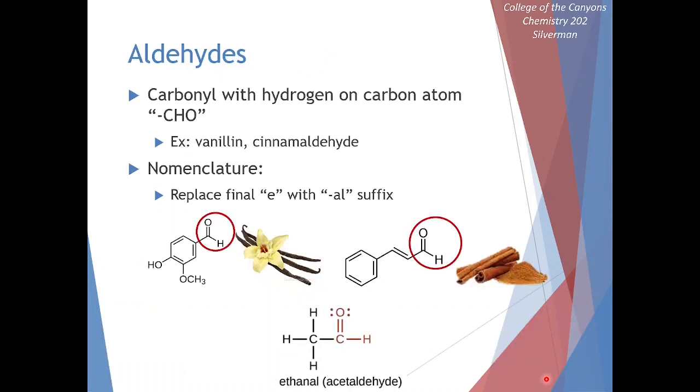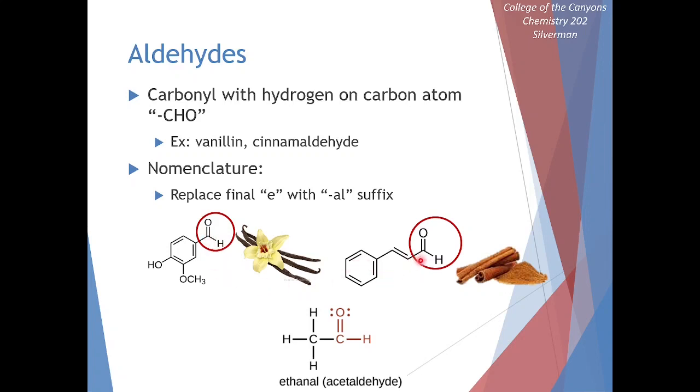All right, aldehydes, they have this carbonyl group, and attached to that C double bond O is going to be, well, a carbon chain on one side and a hydrogen on the other side. We have it circled here. There's the carbonyl C double bond O, and one side of this contains just a hydrogen.